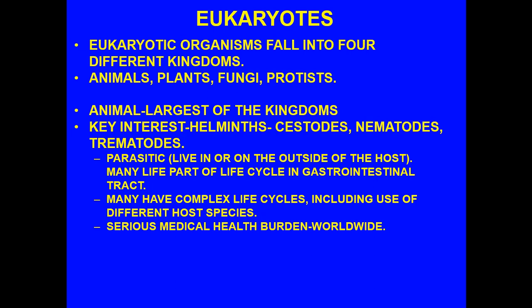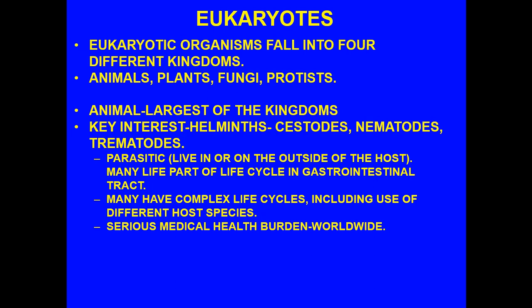Some parts of the life cycle of many of these type of parasites are in the gastrointestinal tract. Many of these have complex life cycles, including the use of several different host species. For example, there are some parasitic worms that start off as eggs, then go to another stage where they may infect an intermediate host, such as a snail or an isopod.